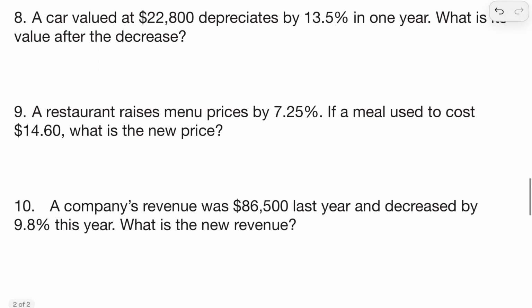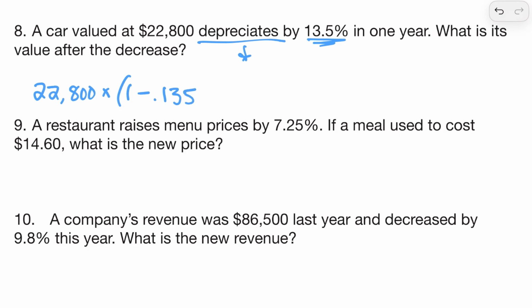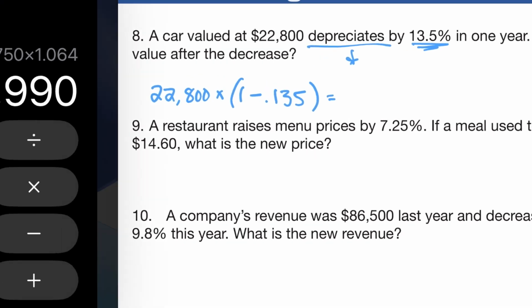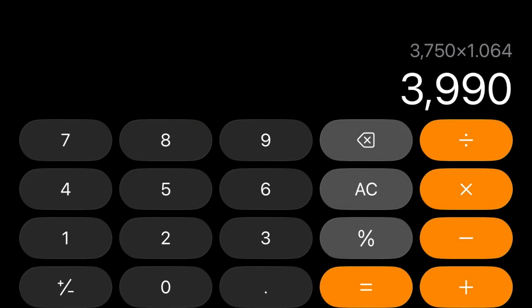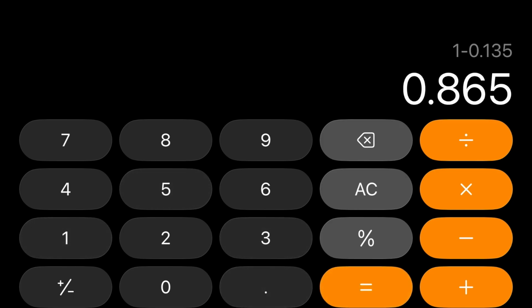Number 8 says a car valued at $22,800 depreciates. That means it goes down by 13.5% in 1 year. What is its value after the decrease? We're going to start with 22,800 and multiply it by 1 minus 0.135, and we're going to put this into a calculator and see what we get. 1 minus 0.135 gets us 0.865.